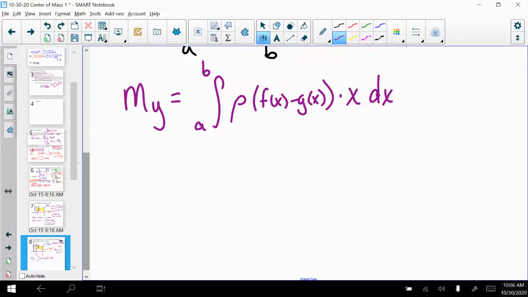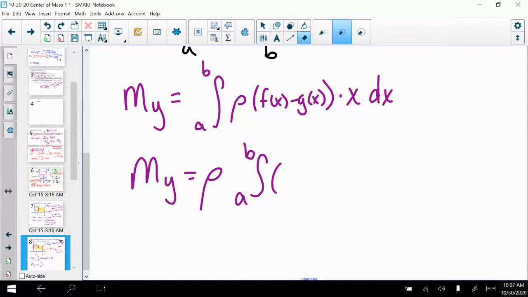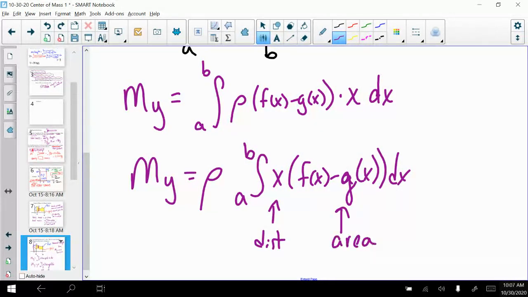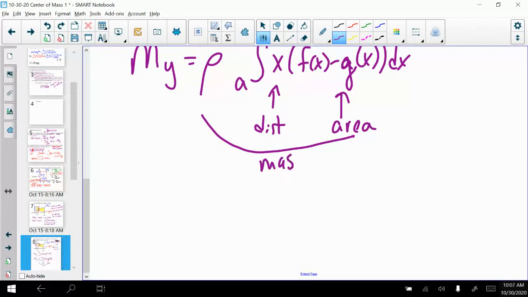The moment about y is rho, I'm going to move rho outside because it's going to be constant for us, integral from a to b, I'm going to put the x first, x, and then remember we're using the area, f of x minus g of x dx. Okay. So this is distance. This is area, because area times rho gives us mass.